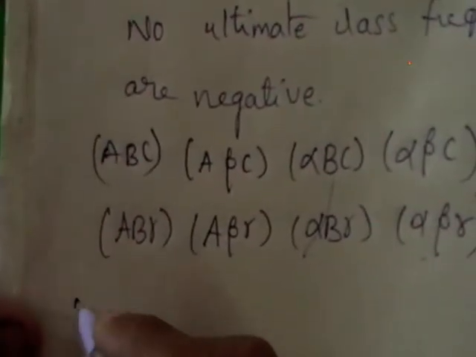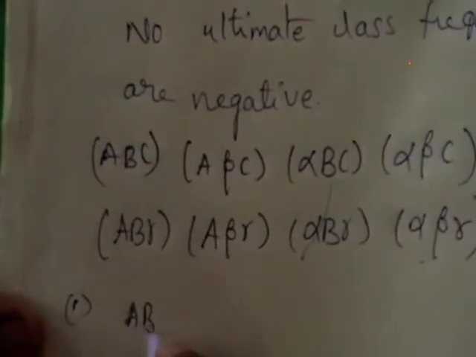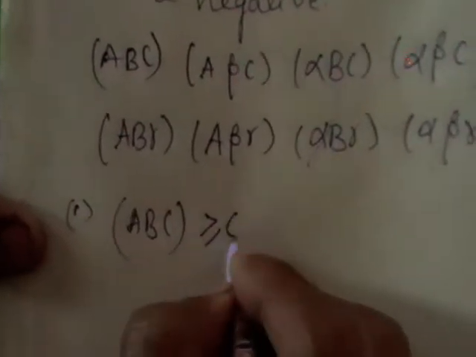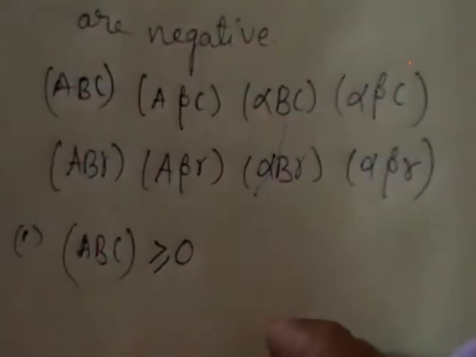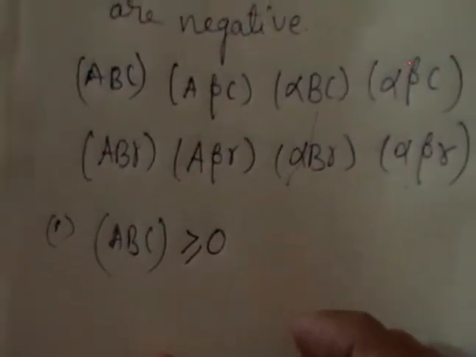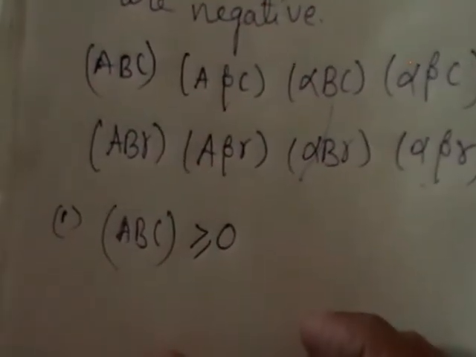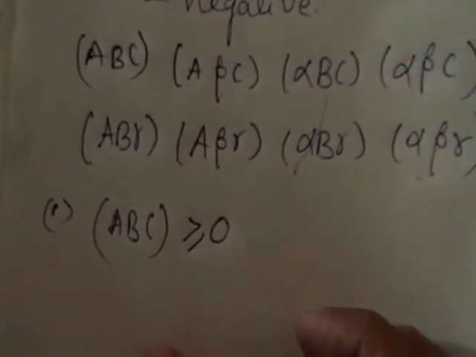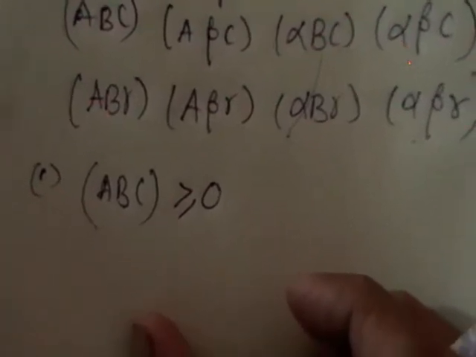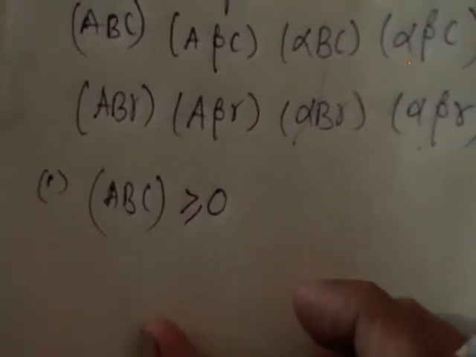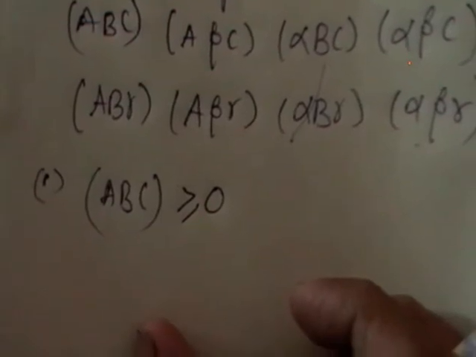So what is the first ultimate class? You have ABC, so this is greater than 0. What we did in the case of 2 by 2, first you should check all the ultimate classes and check whether it is a positive class frequency or negative class frequency. What do you mean by positive class frequency?